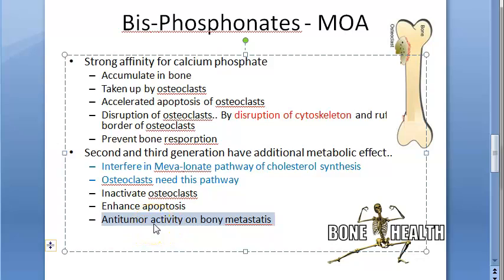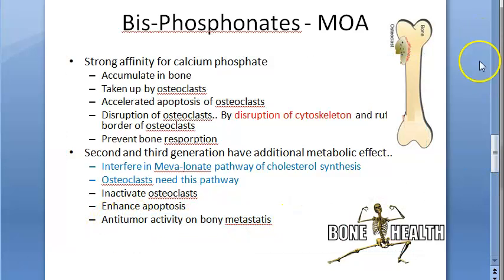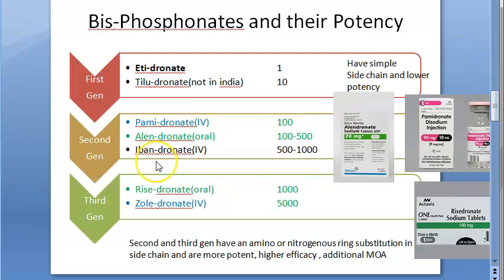Some tumors want to destroy the bone, right? So these second and third generation drugs, for example Pamidronate, Zoledronate, Risedronate and Alendronate, are going to have some anti-tumor activity.